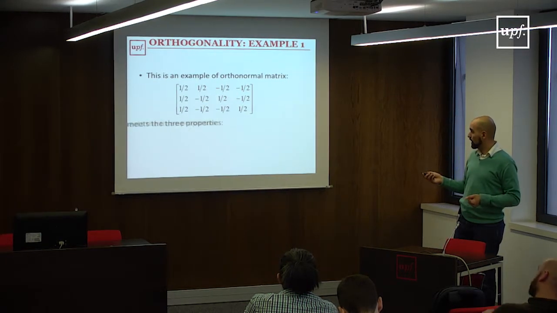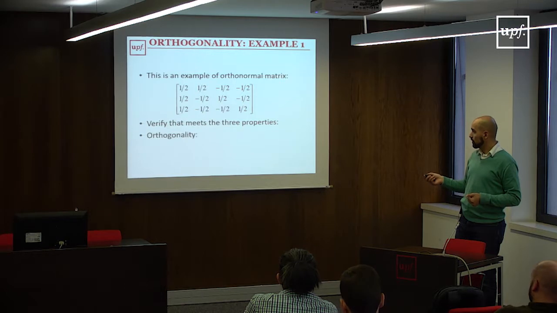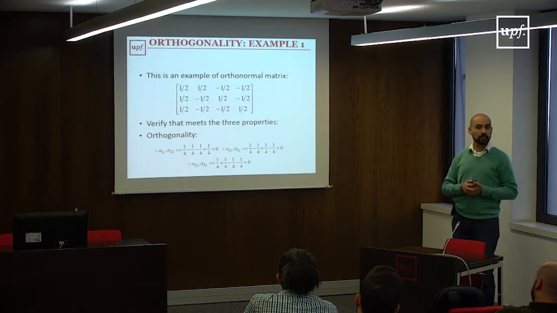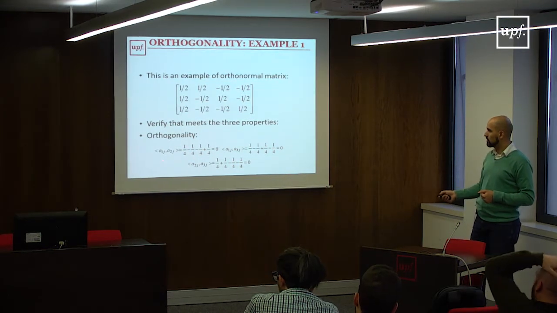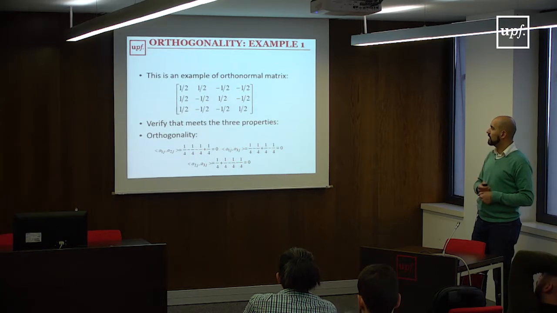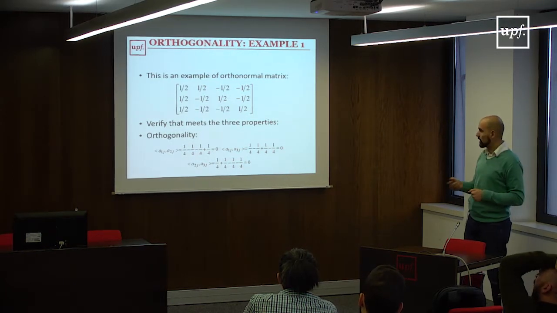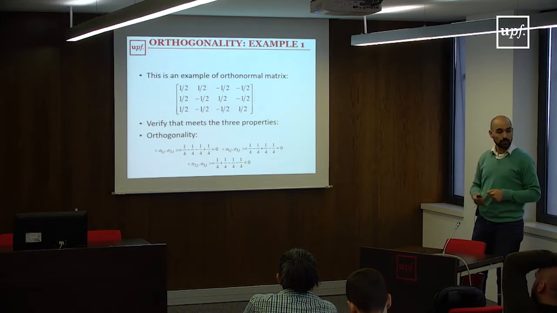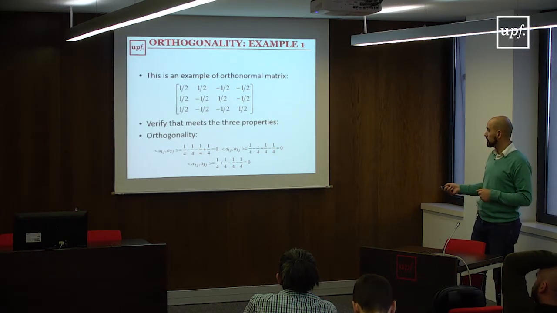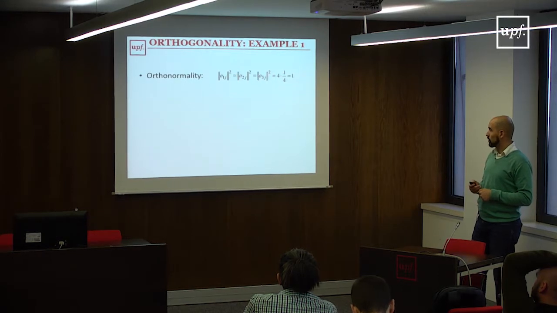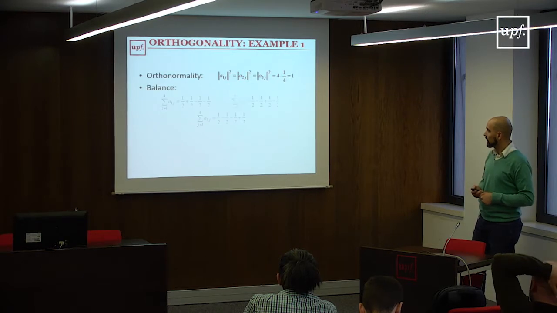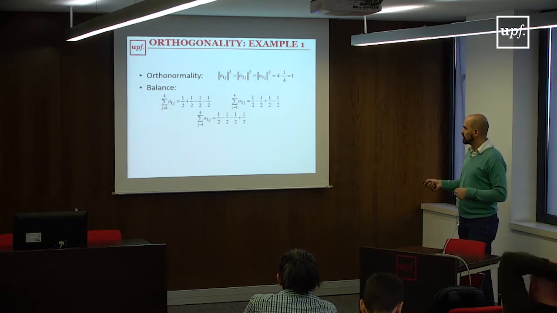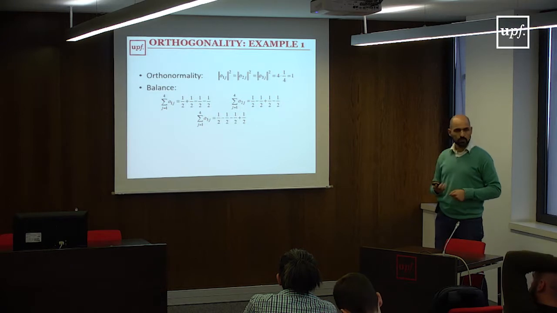We can use this matrix to compute the three components that we have seen before. Verify the three properties. It is orthogonal because the scalar product is 0 for each of the factors. It is orthonormal because the norm is equal to 1. And it is balanced because the sum is equal to 0.